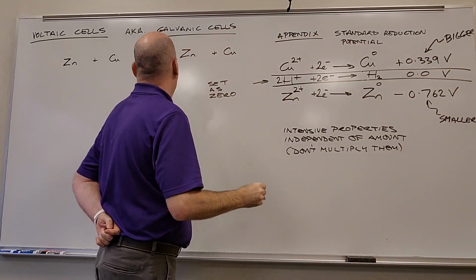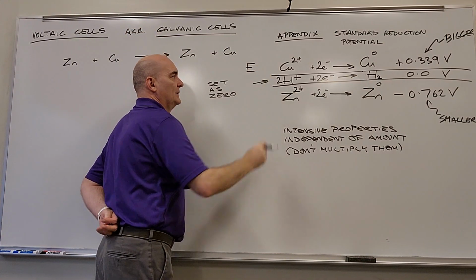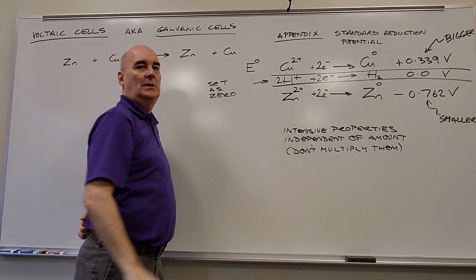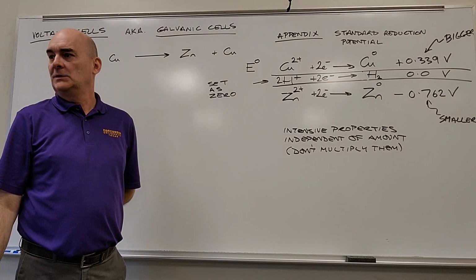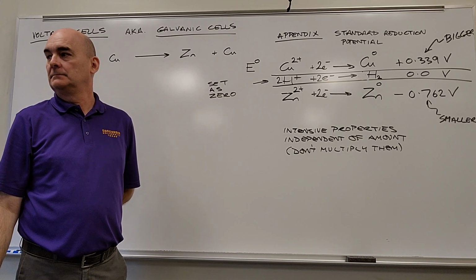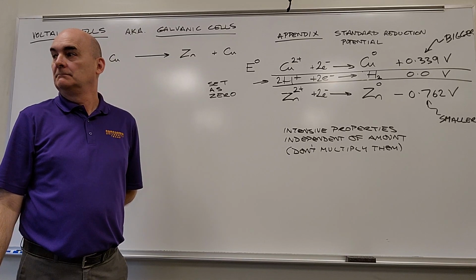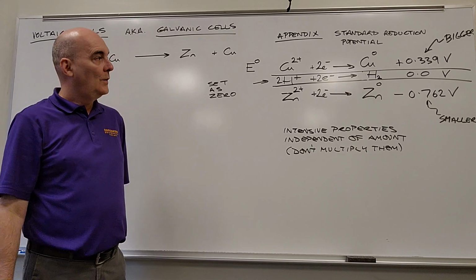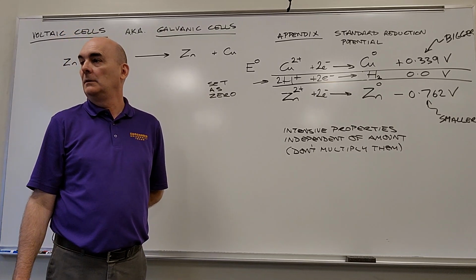These values are called standard reduction potentials. E is the potential. Standard puts a little superscripted zero there. What does standard mean? Everything that could make that number change value has been accounted for.